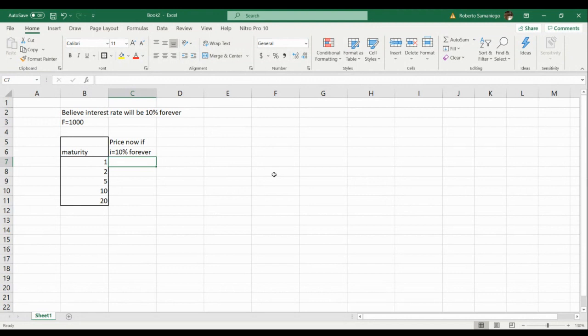Well, all we need to do to figure this out is apply the present value formula. So the value of the 1-year bond, this should be easy, is just the $1,000 that we're promised divided by 1 plus i. Now, i is 10%, so that's 0.1, to the power of the maturity, which is 1, so we don't need to do anything.